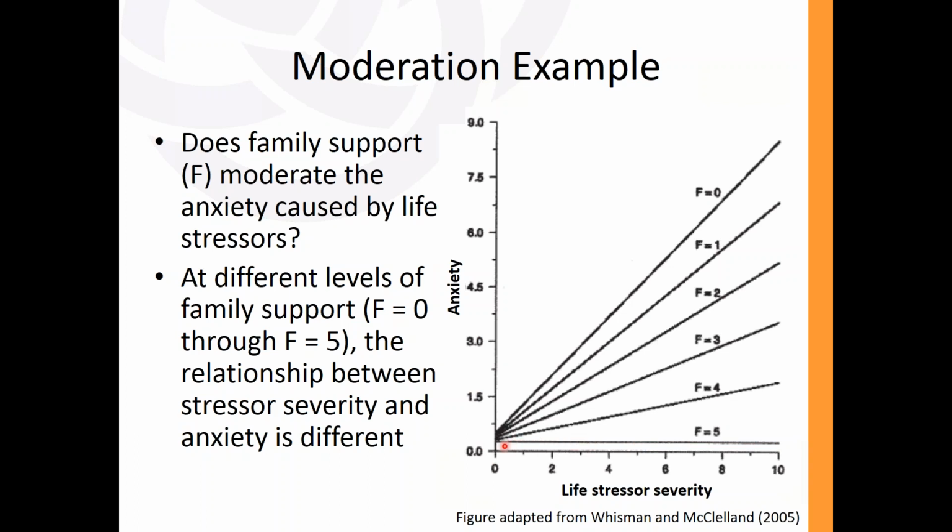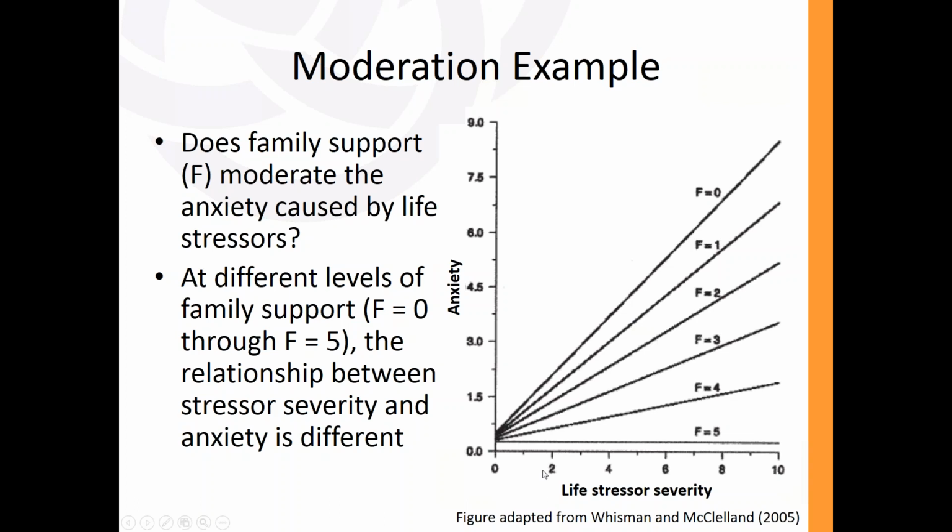As life stressor severity increases, anxiety does not increase. And everything in between: if you've got medium family support, let's say F equals 3, then the more severe the life stressor, yes, you do see an increase in anxiety, but it's different than if you have no family support. That's why family support is a moderator, because it changes the relationship between the predictor and the outcome.